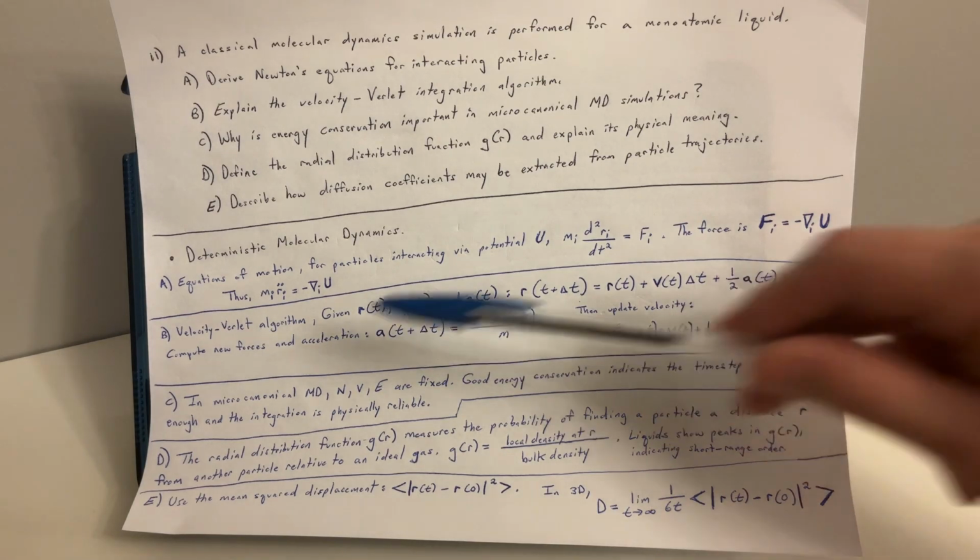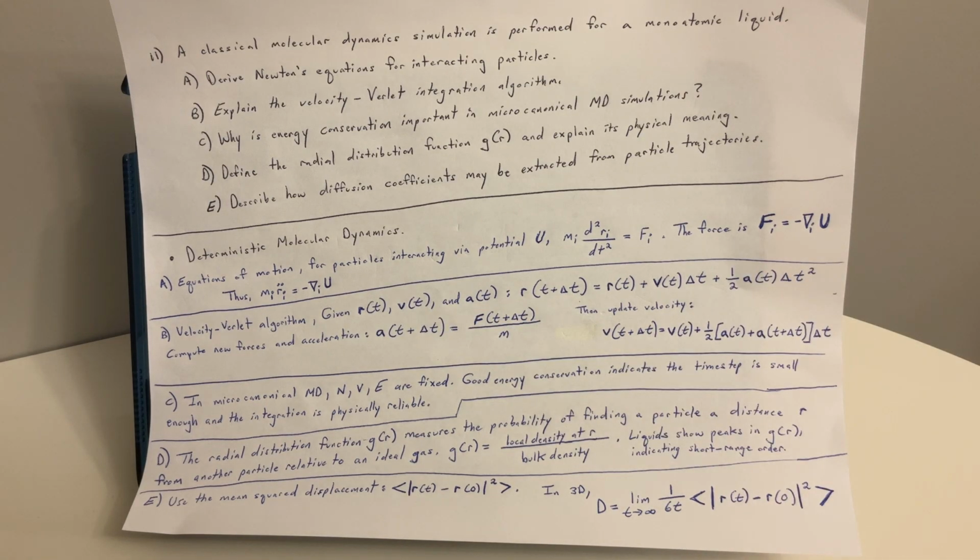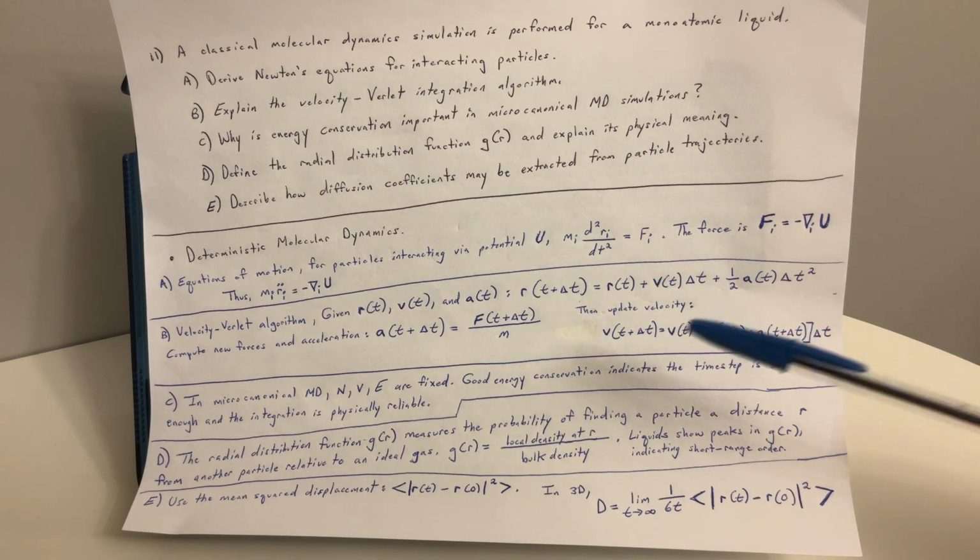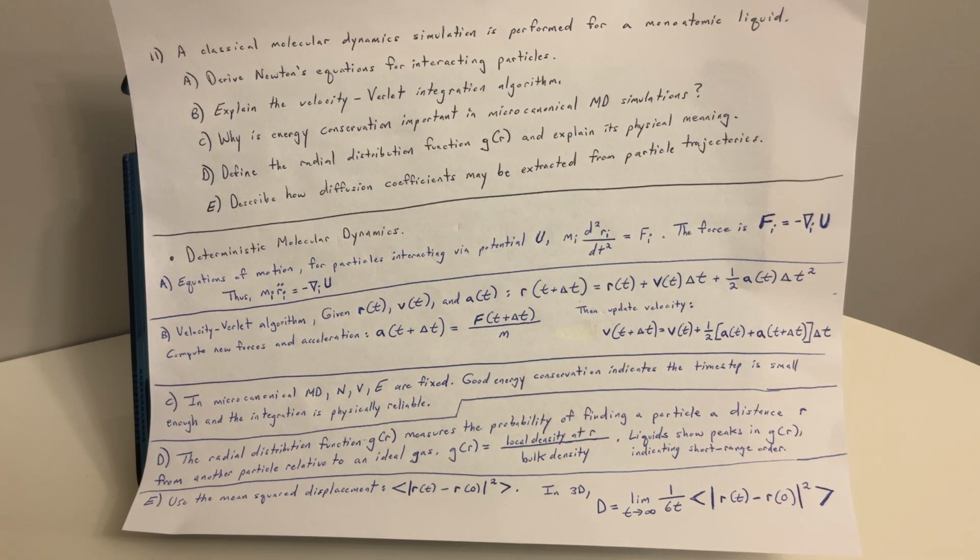Then from here compute new forces and acceleration, a(t plus delta t) equals F(t plus delta t) over m. Then we update the velocity: v(t plus delta t) equals v(t) plus 1/2 times the quantity a(t) plus a(t plus delta t), close bracket, times delta t.